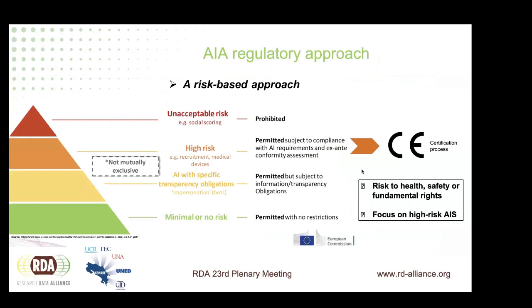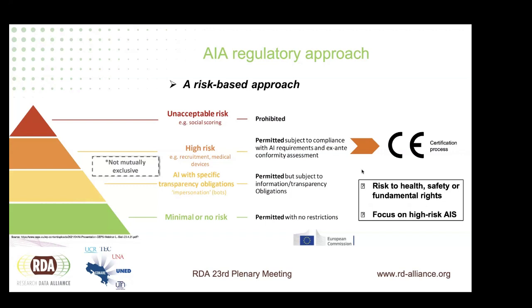The Act adopts a risk-based approach to regulation and a 4-level classification mechanism identifying systems and practices that raise unacceptable risks and that are then forbidden. Those that raise a high risk to health, safety, and fundamental rights because they are used in a sensitive area such as employment, for example, or because they are part of regulated devices such as medical devices.